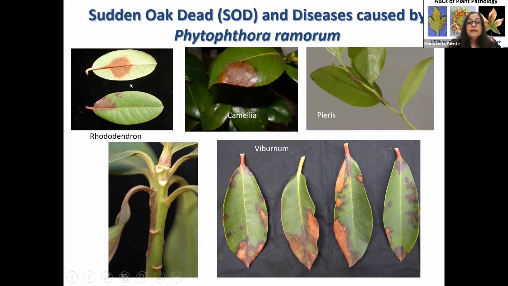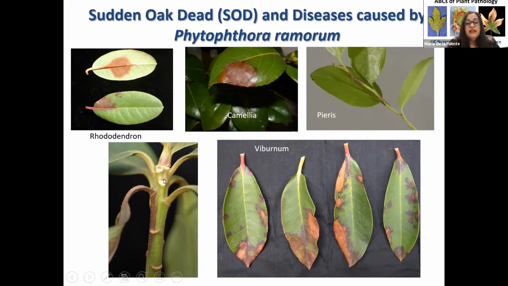It also attacks a lot of the nursery plants or ornamental plants. Here you can see an example in rhododendron, which also affects azalea, which is very similar, camellia, and pieris.